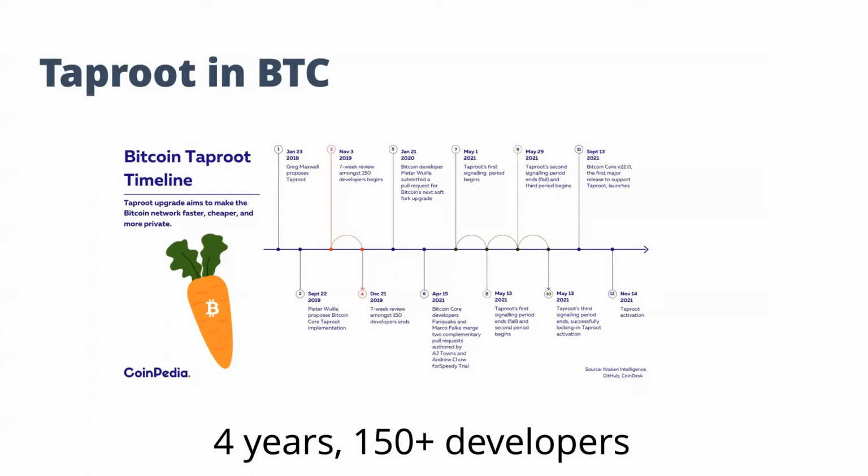So the first example we look at here is so-called Taproot. This is being hailed as almost the most impressive breakthrough in BTC land, at least in the last 4 years. It was first proposed about 4 years ago in 2018, and after development involving hundreds of developers, probably 3 to 4 years, it was finally merged.